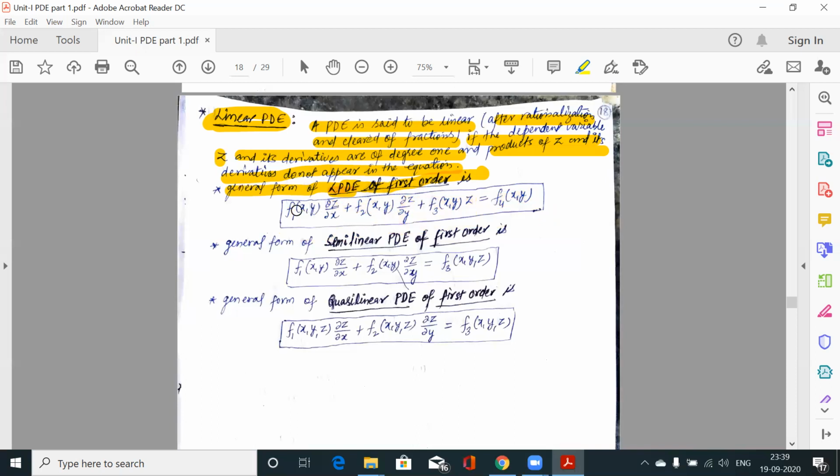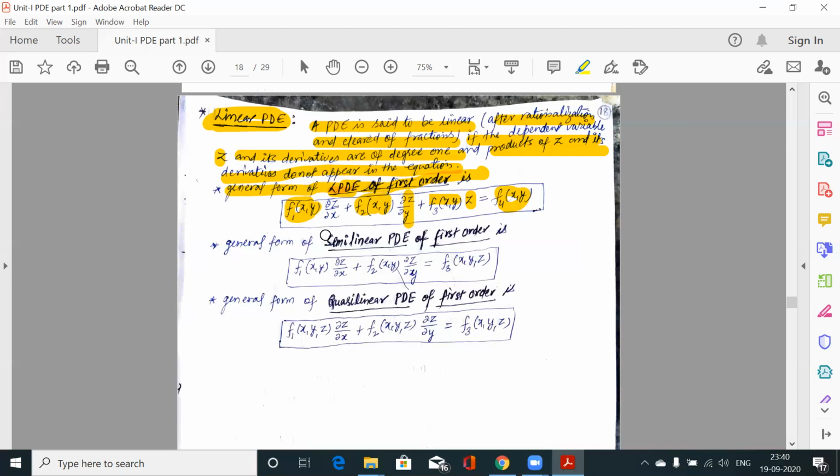So this is the coefficient of del z over del x, the coefficient of del z over del y, the coefficient of z, and the right hand side remaining part. These F1, F2, F3, F4 are functions of x and y only. They cannot include z if it is a linear PDE of first order, because we consider z in the degree while calculating the degree.